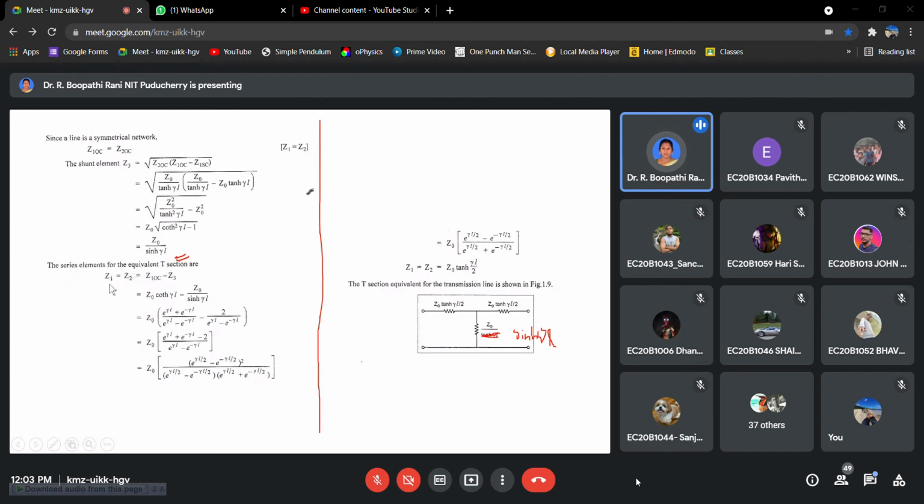So Z1 equal to Z2. Substituting the elements, we get Z1 equal to Z2 equal to Z0 tanh nu L by 2. Okay.